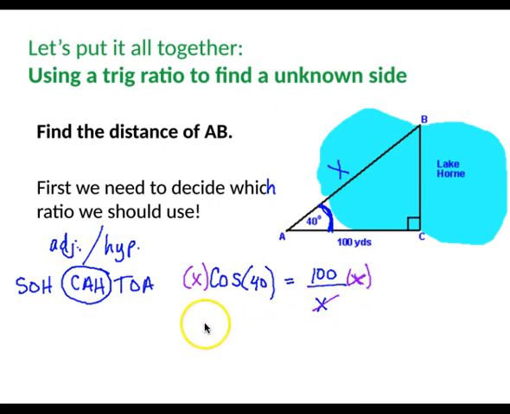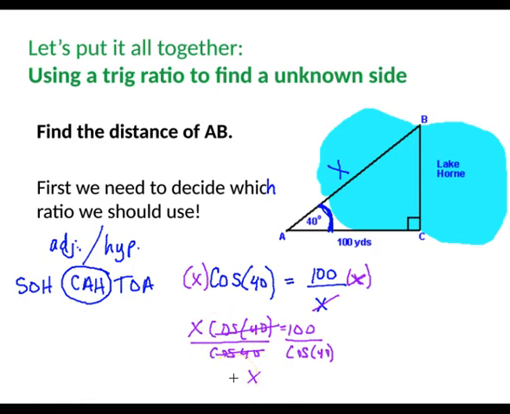It's gone. Now we're left with x times cosine 40 equals 100. To solve for x, we're going to divide each side by cosine 40. We're going to use algebra, right? Then the cosines will cancel out on the left.